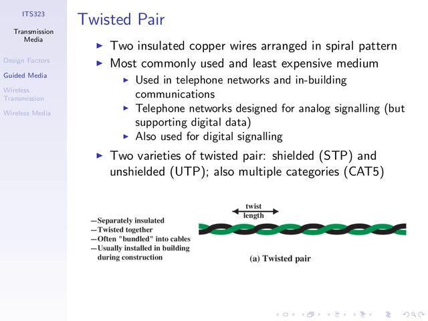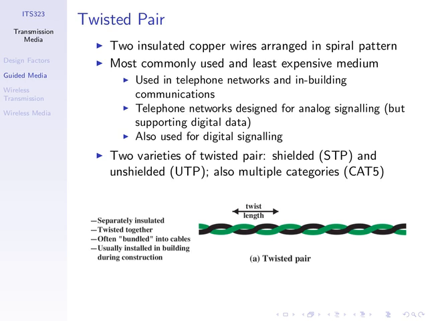If you twist them around each other, then even if there is some interference, it turns out the receiver can remove that interference so that it has a limited impact on our signal transmitter. So twisted pair refers to twisting a pair of copper wires around each other.